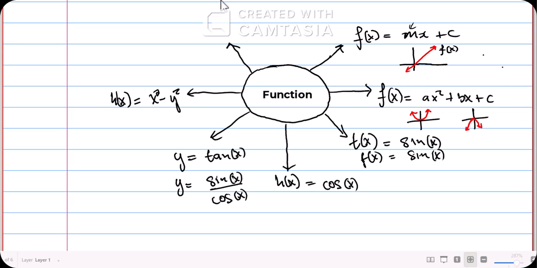There are explicit functions and there are implicit functions, and this one is implicit. Let me use a different one. Let's consider the logarithm function. Let's say f of x is equal to log x. This one is an explicit function. For the exponential function, let's say h of x is e to the power x. This is the exponential function.